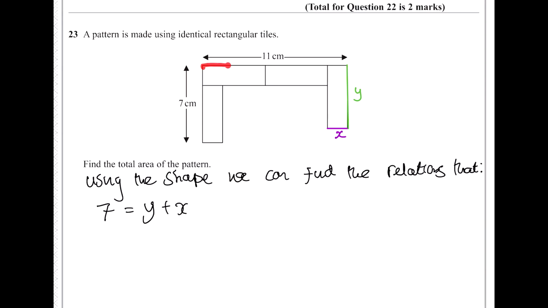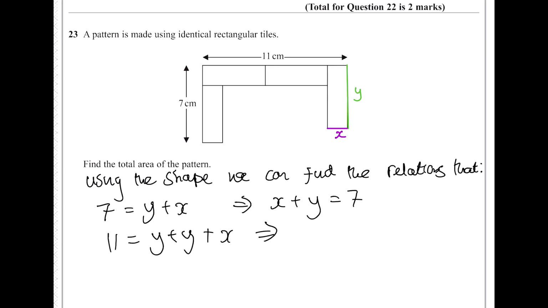And then from this side, we know that the y plus the x gives us 11. So now writing these in a slightly neater way, we get these. So we get x plus 2y equals 11.